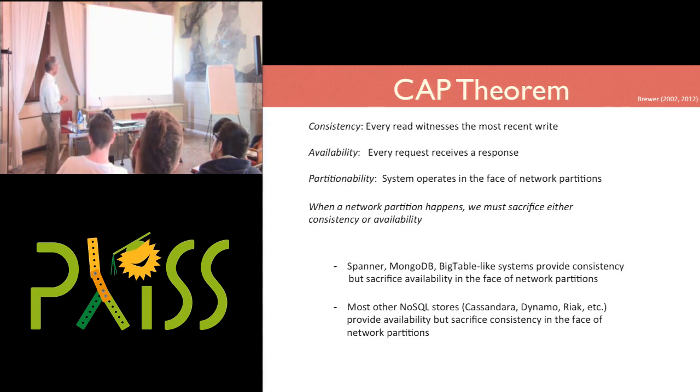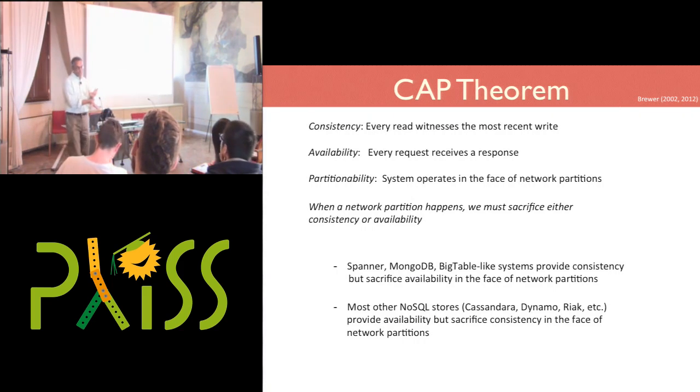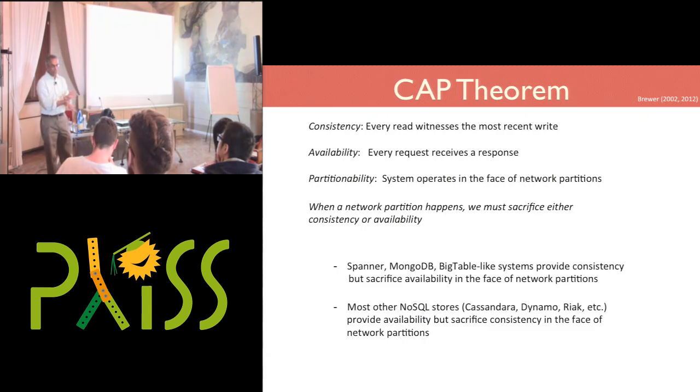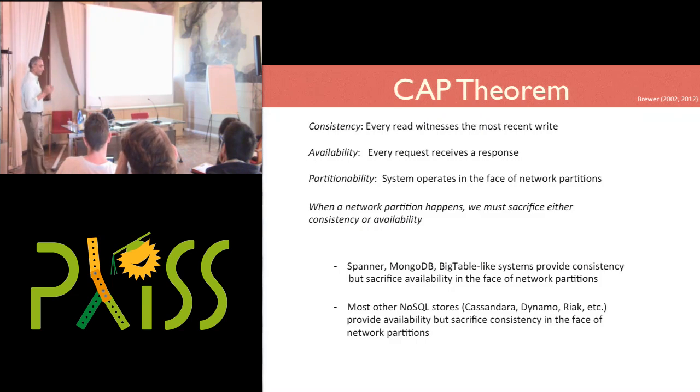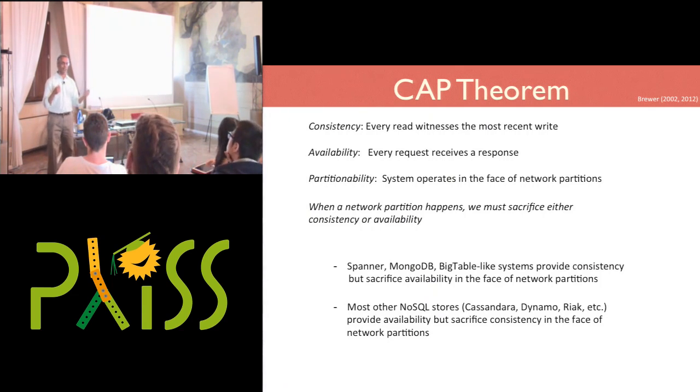These two points in the spectrum inform the way we design distributed systems today. Spanner and databases like MongoDB are examples of systems that are strongly consistent, but in fact, they will lose availability.